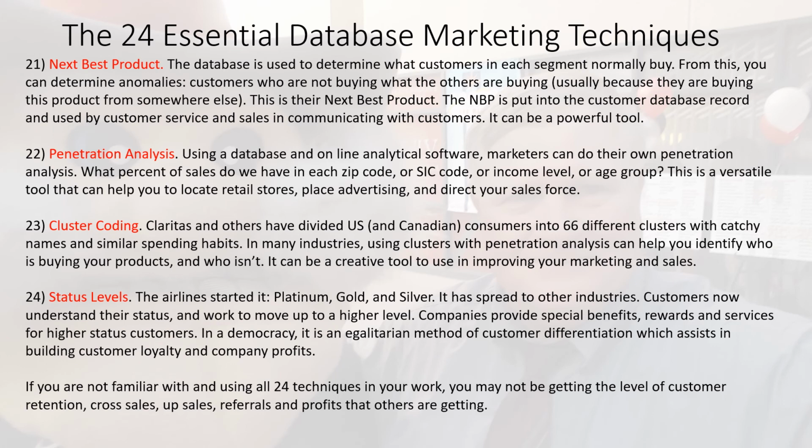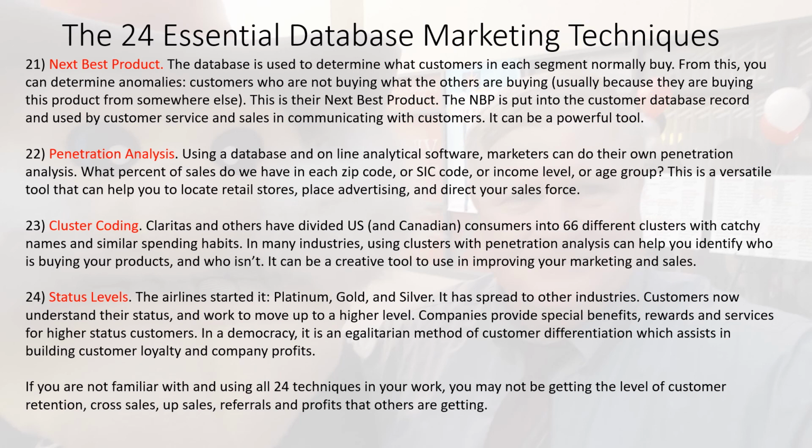And then, of course, there is this notion of status levels. Each of these programs has different levels: platinum, gold, silver, bronze, copper, nickel, stainless steel, iron, lead, dirt, however many status levels we have.